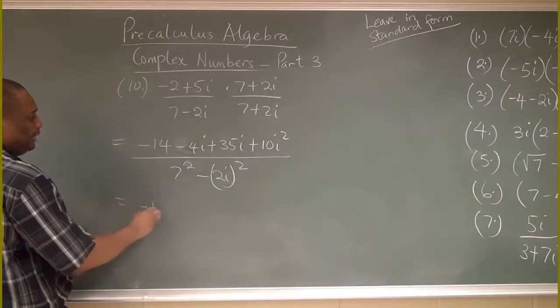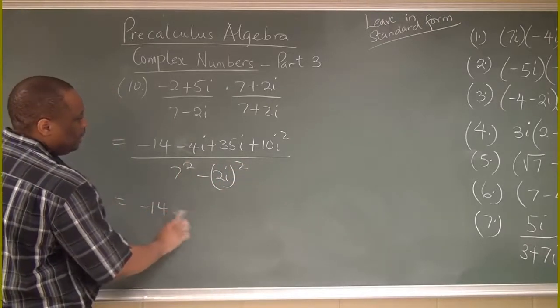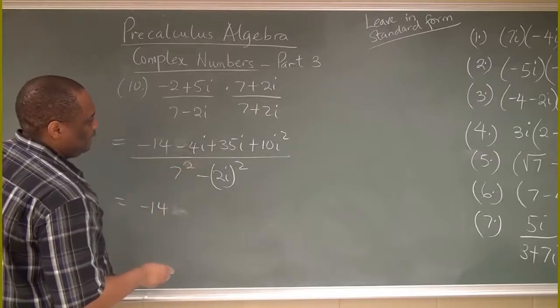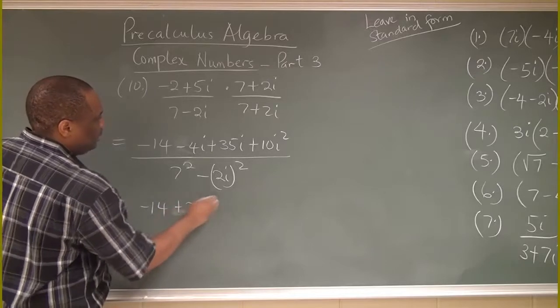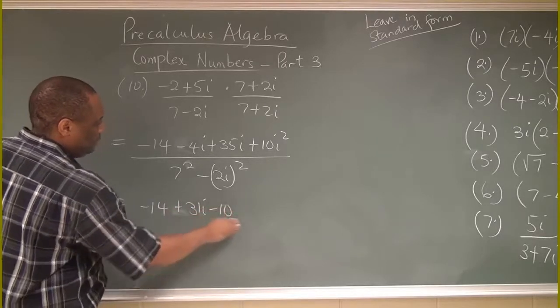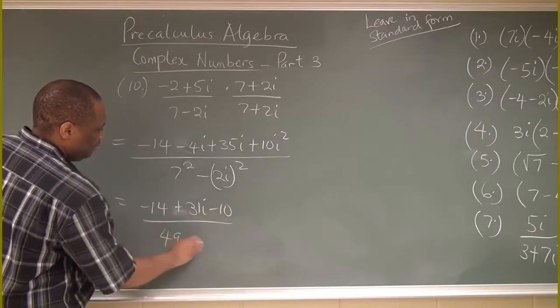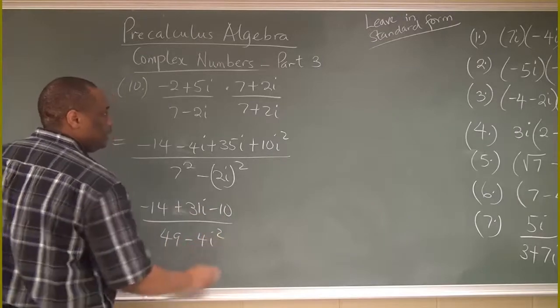So this will give us negative 14 minus 4i plus 35i, which is plus 31i, then minus 10 all over 49 minus 4i squared.